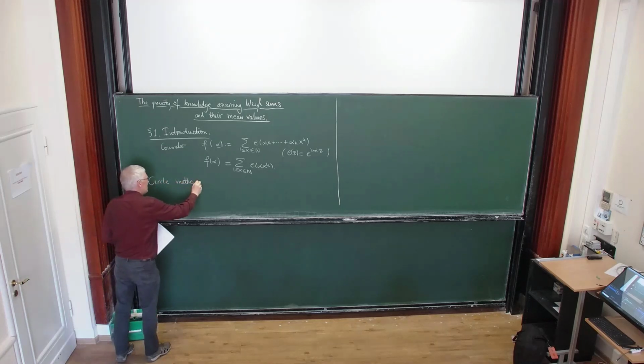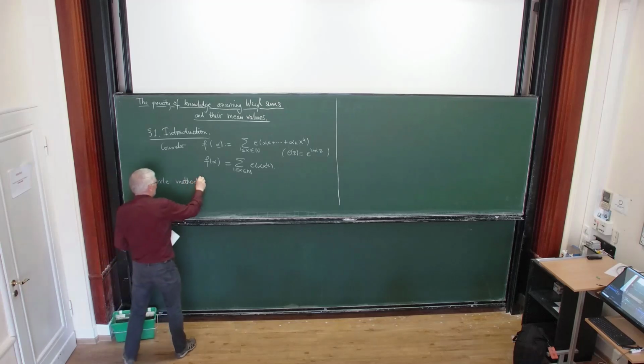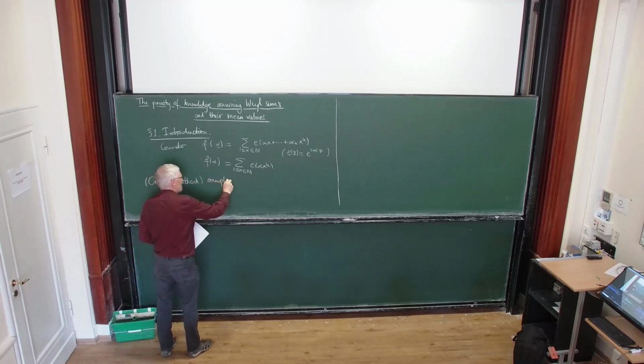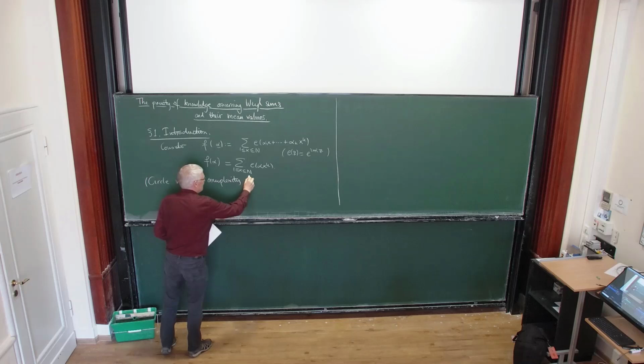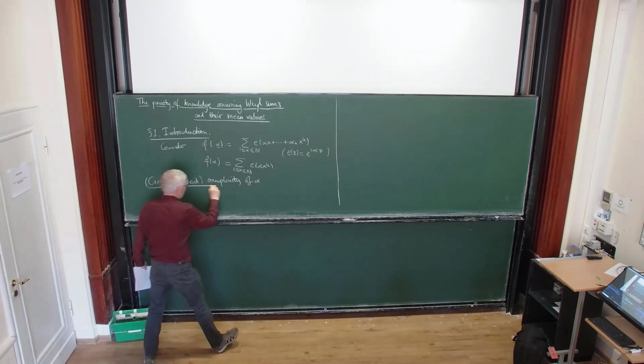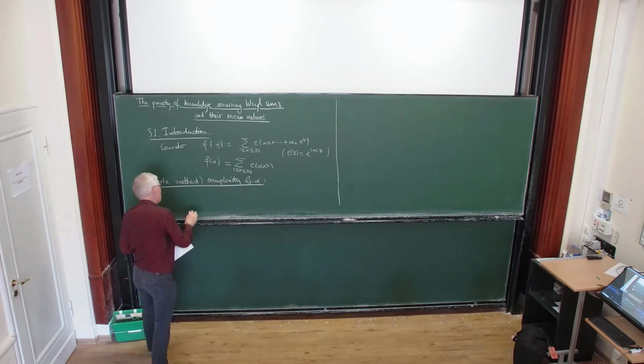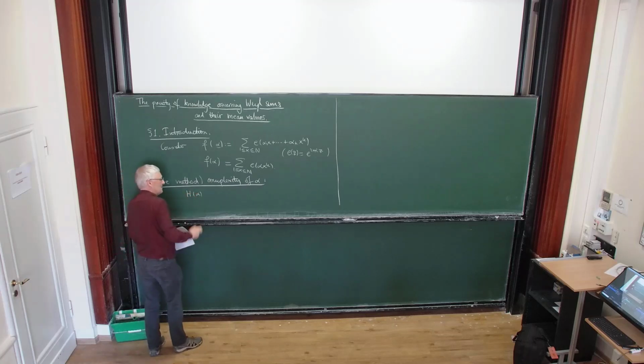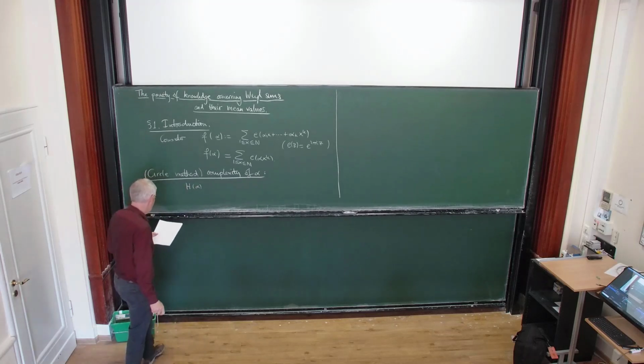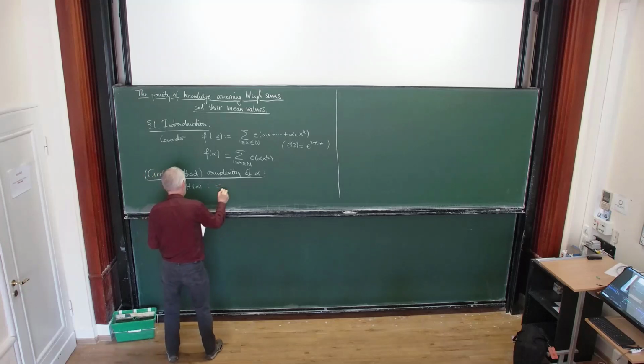So if you want to understand these exponential sums, there's something which I refer to as the circle method complexity of a real number alpha. And what does it look like? It's some kind of height. I call it a complexity because height is overused.